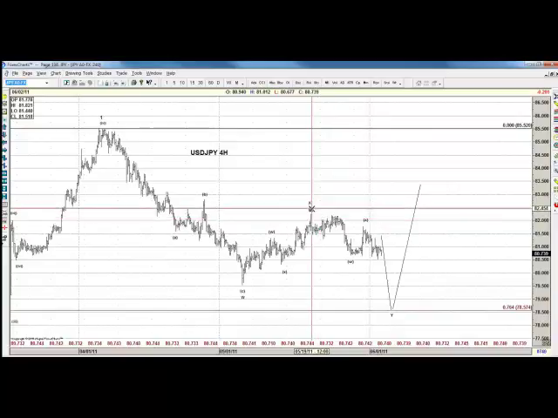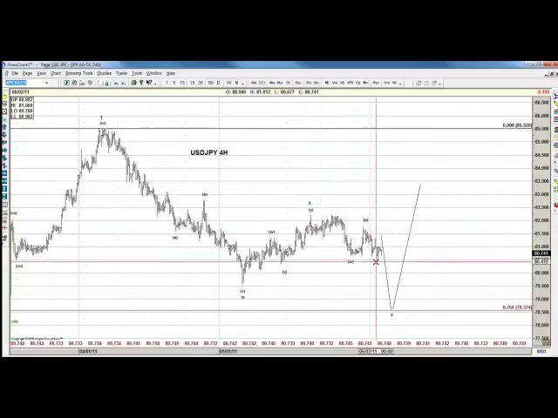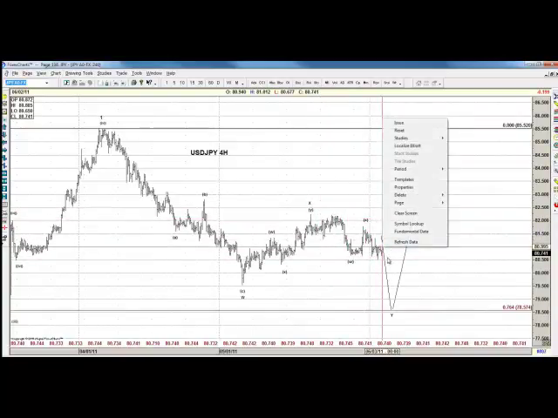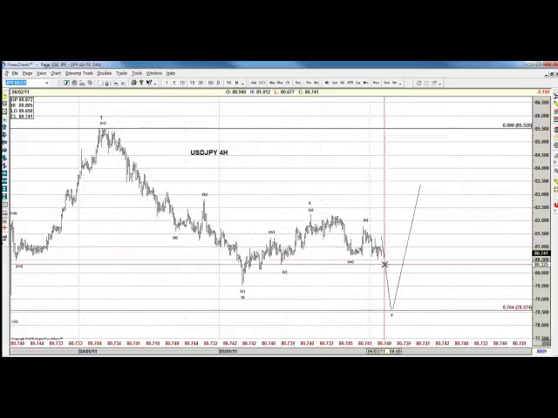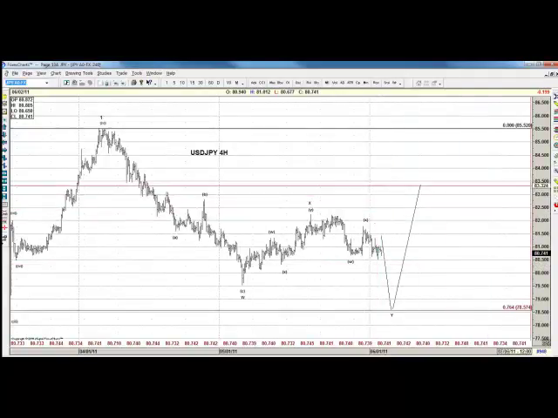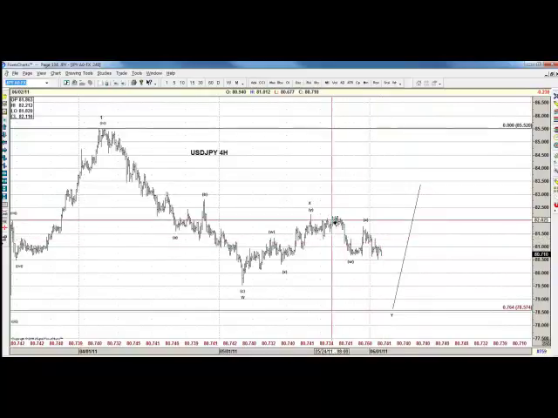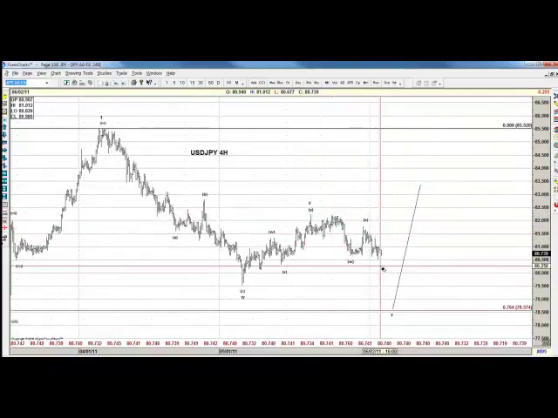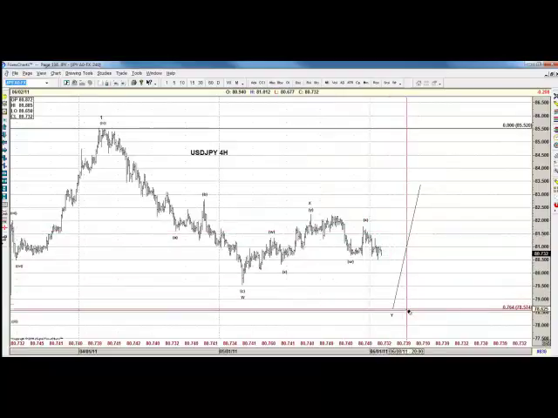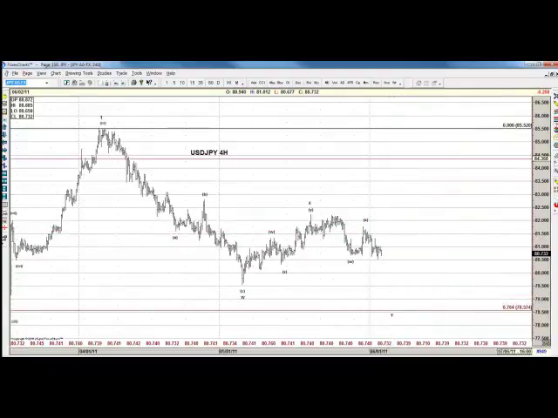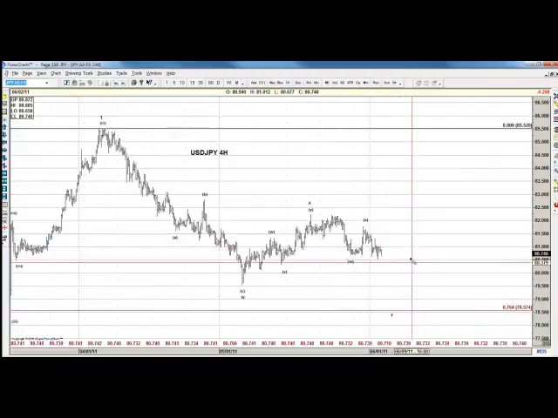I'm calling this like a 1, 2, 3, 4, 5, like a wave 1 or the ending of wave A, an ending diagonal or a double zigzag. Either way, it should trade lower. If the ending diagonal is 1, 2, 3, 4, 5, it's gonna go here and it's gonna trade lower. That's most likely the best scenario here.